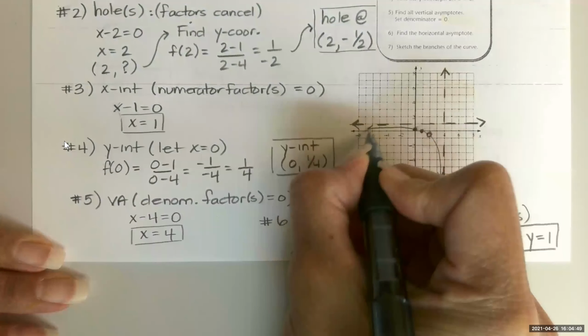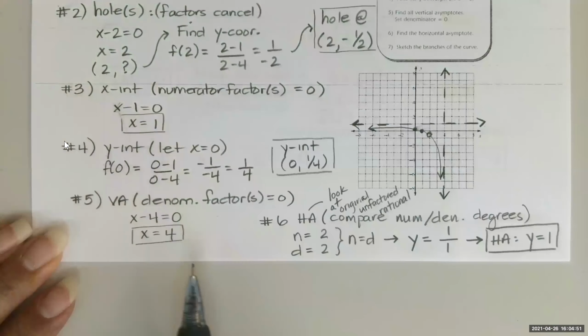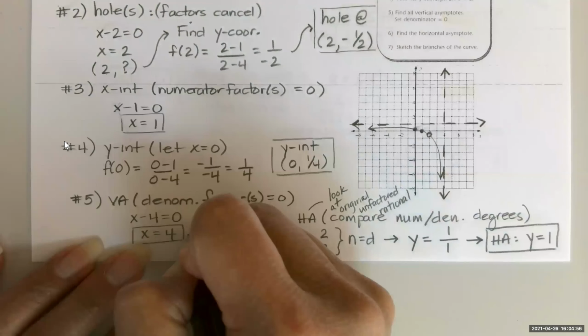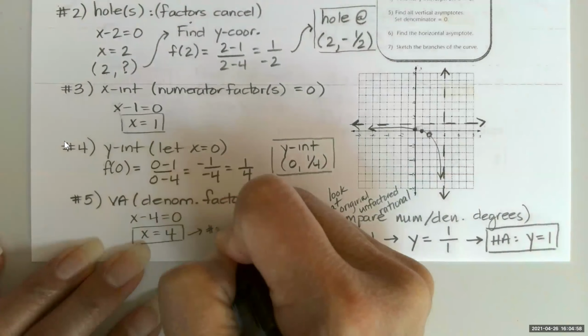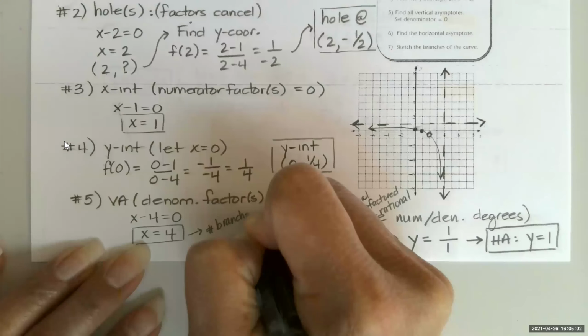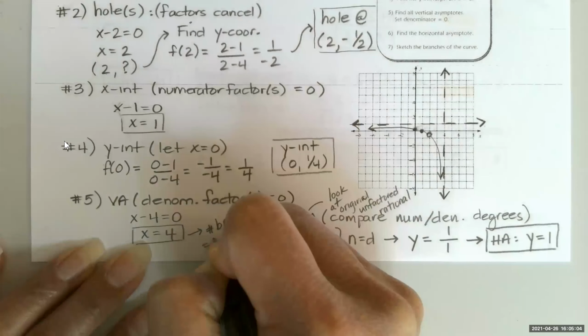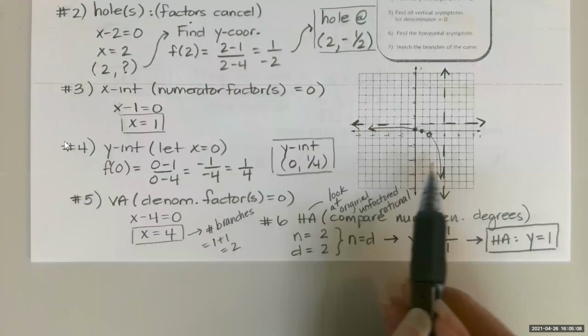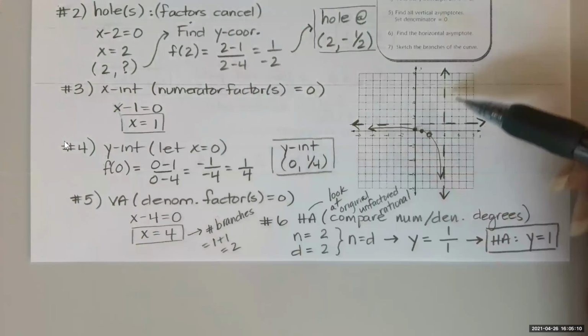But because we have one vertical asymptote, the number of branches will equal 1 plus 1. We should have 2 branches. So I know one branch is here. I know the other branch has to be here.